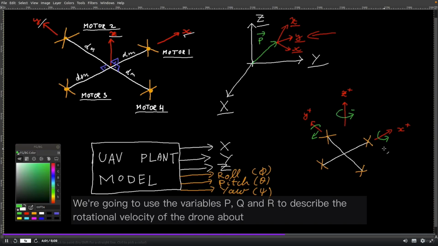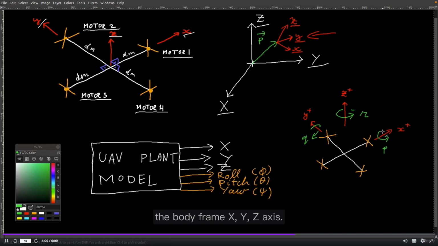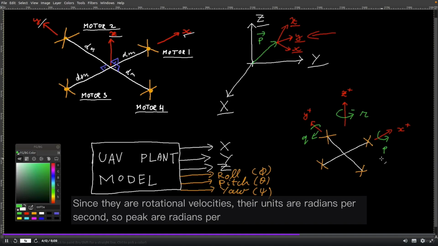We're going to use the variables P, Q, and R to describe the rotational velocities of the drone about the body frame xyz axis. Since they are rotational velocities, their units are radians per second. So PQR are radians per second.